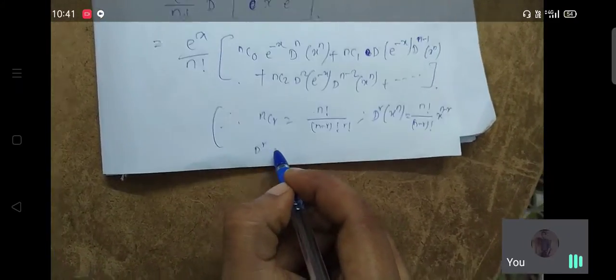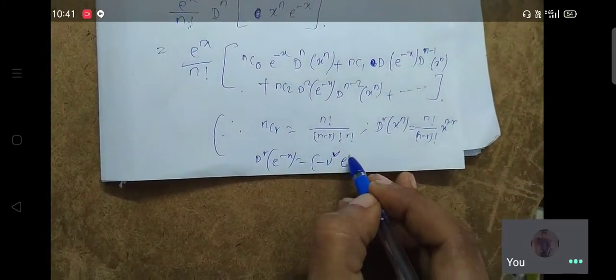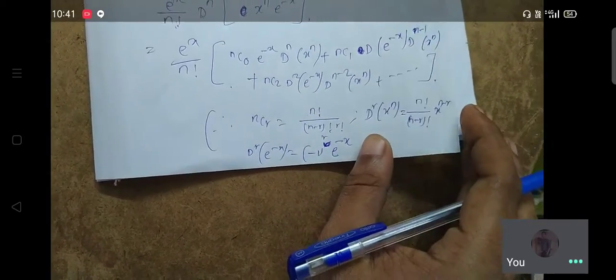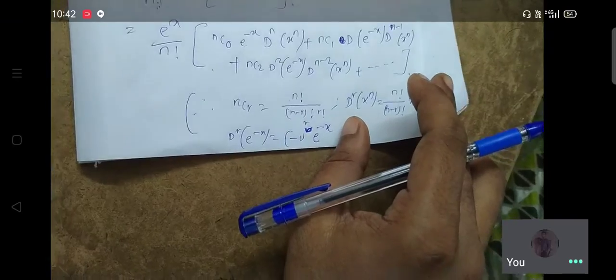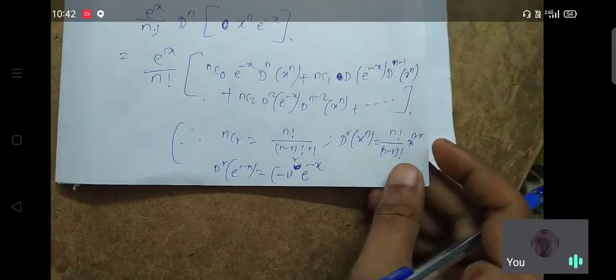So D power r of e power of minus x is equal to minus 1 whole power r e power of minus x. This is r. Okay, understood.